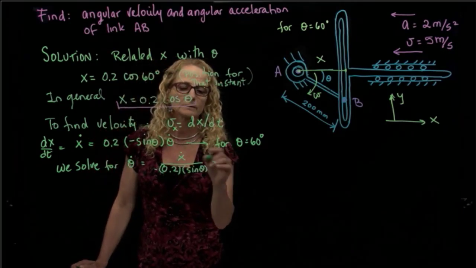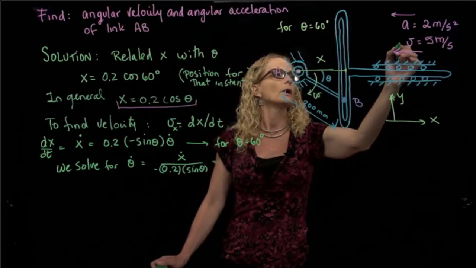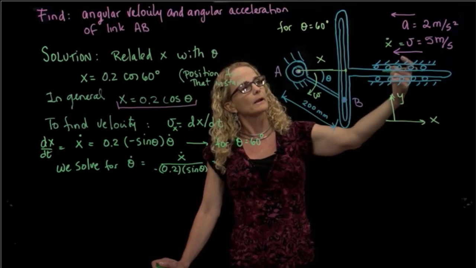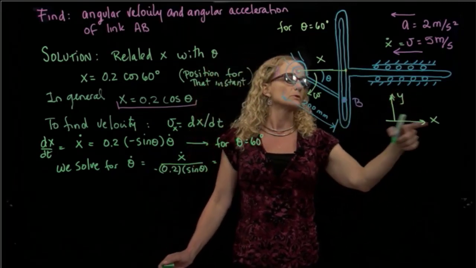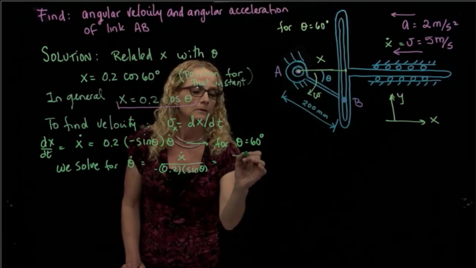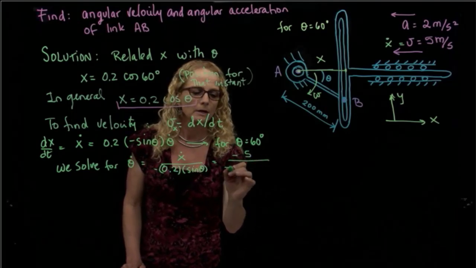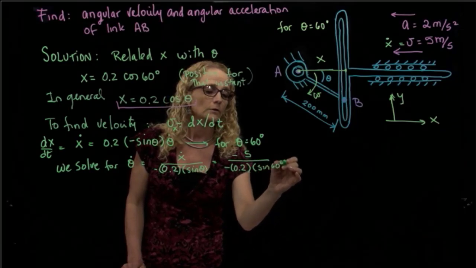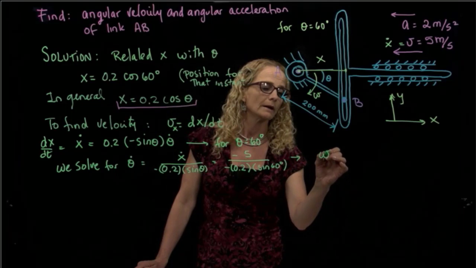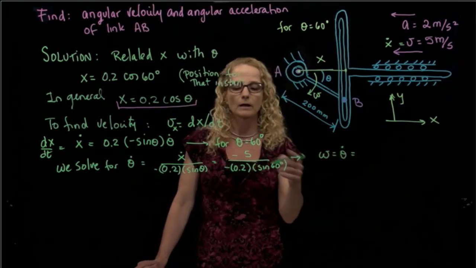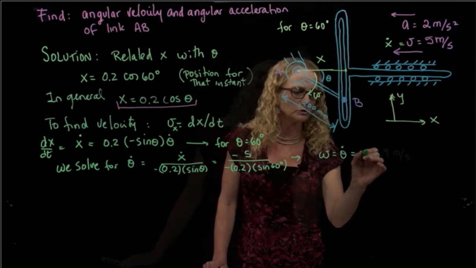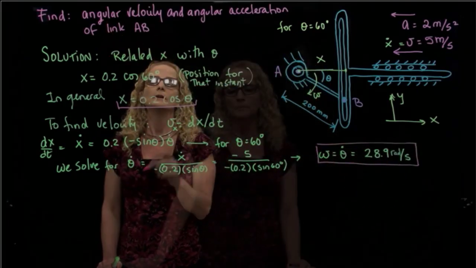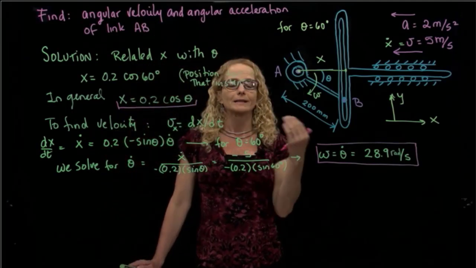For 60 degrees, x dot is the velocity that is given, and since it's going to the left while x is going to the right, it is negative 5 over negative 0.2 sine of 60. So theta dot, which is my omega, is 28.9 radians per second.